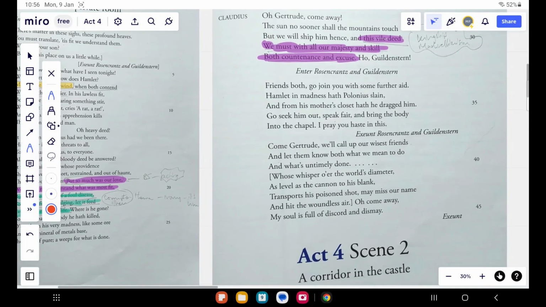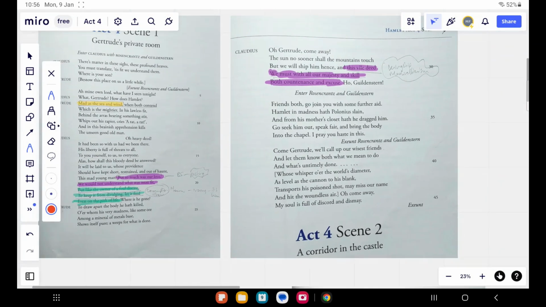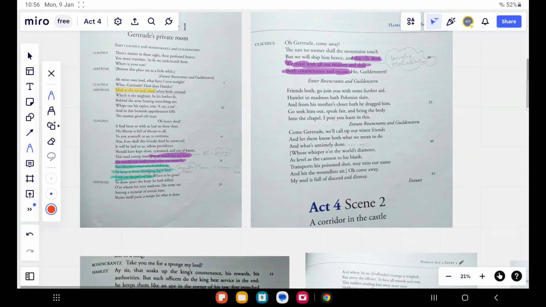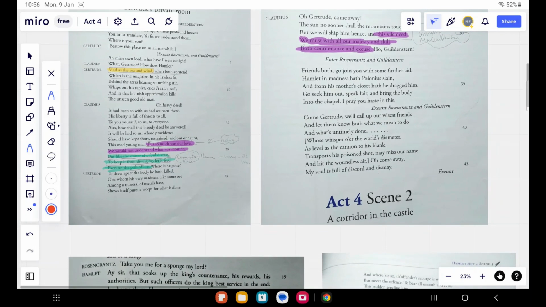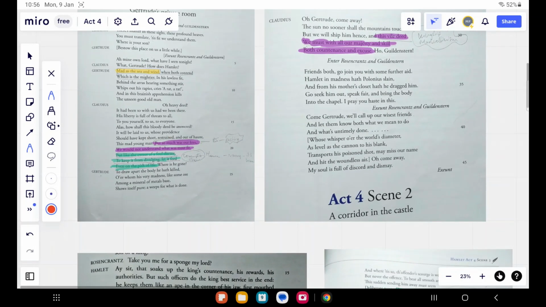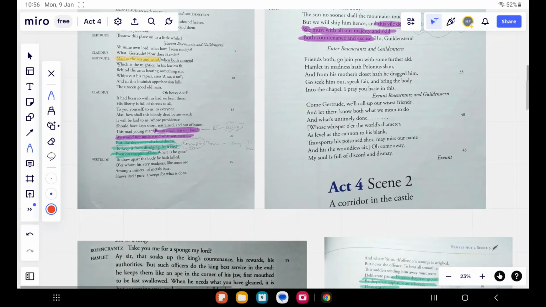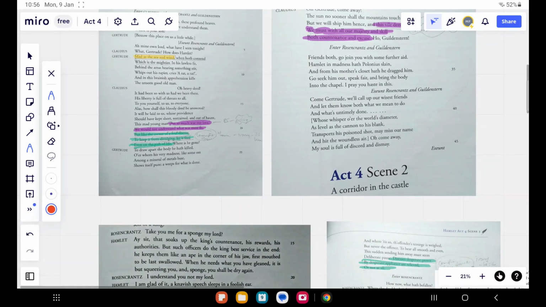"With all our majesty and skill, both countenance and excuse." So he's already thinking ahead, plotting, conniving, how to manage this. In a modern setting, we would call this spin, wouldn't we? How to control the story, manage it, damage limitation from the fallout from that.